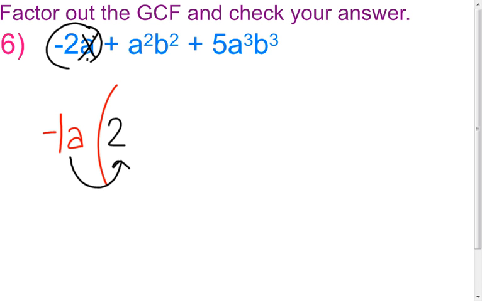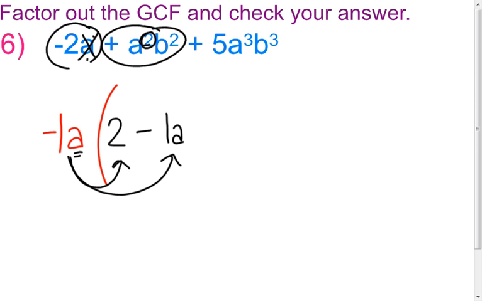Okay, then -1 times what gives me positive a squared b squared? Well, -1 times -1 gives me that. Then I had 2 a's right here, but remember you used 1 of them when you pulled it out in front. So I only have 1 a left, and then I haven't touched these b squareds. I didn't pull any out in front, so I would just have b squared.